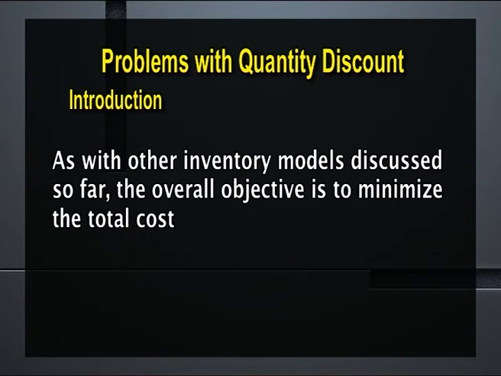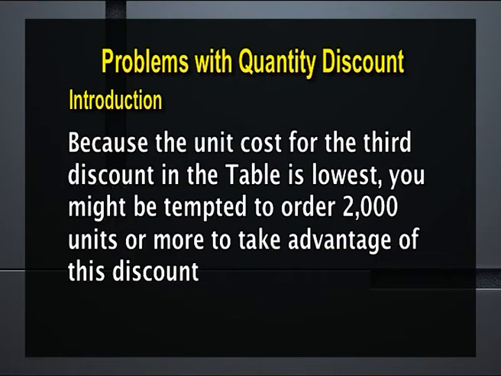As with other inventory models discussed so far, the overall objective is to minimize the total cost. Because the unit cost for the third discount in the table is the lowest, you might be tempted to order 2000 units or more to take advantage of this discount.